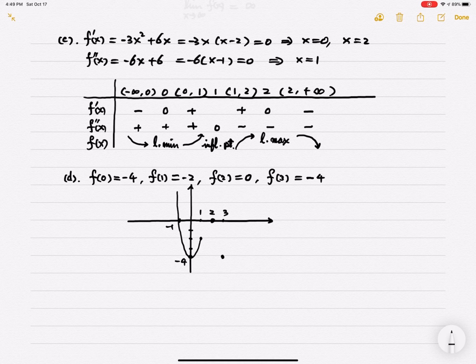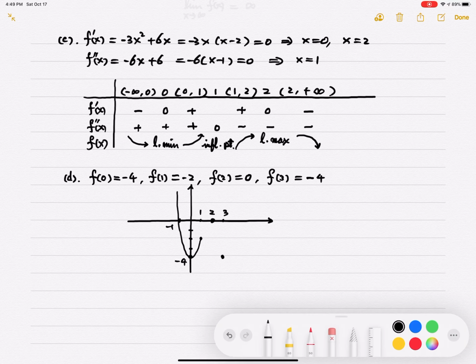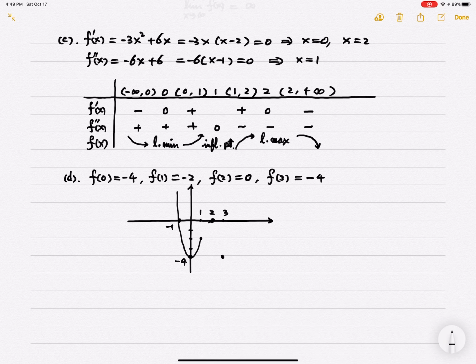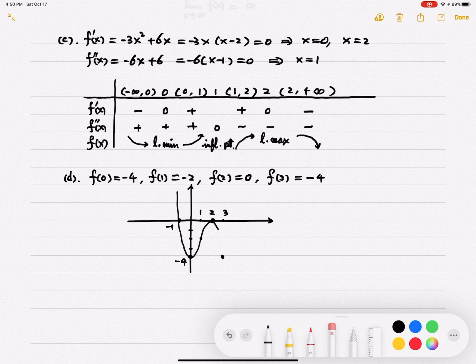And then from 1 to 2 is increasing concave down. Yeah, let me draw a better picture. So here is the increasing concave down, and then from 2 to infinity is decreasing concave down.